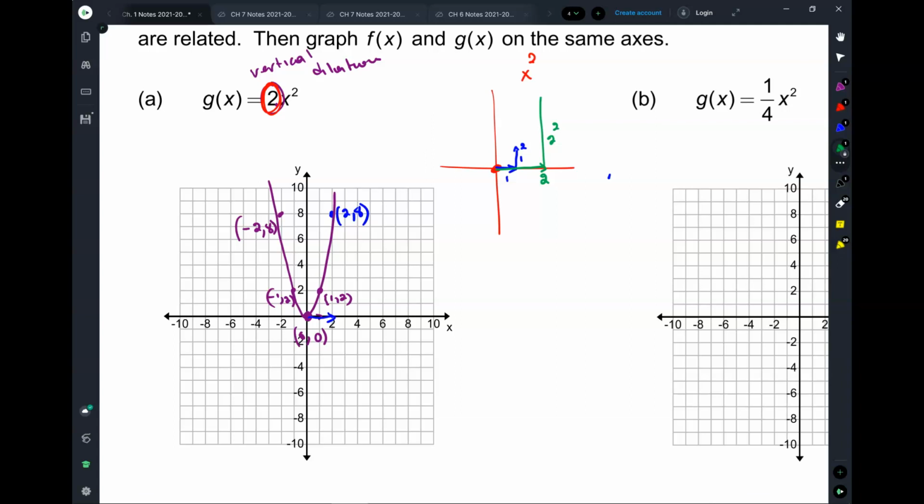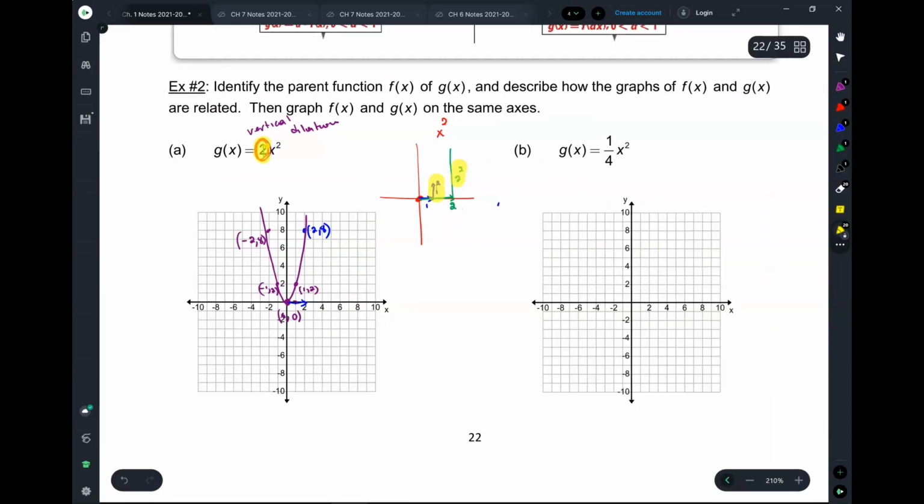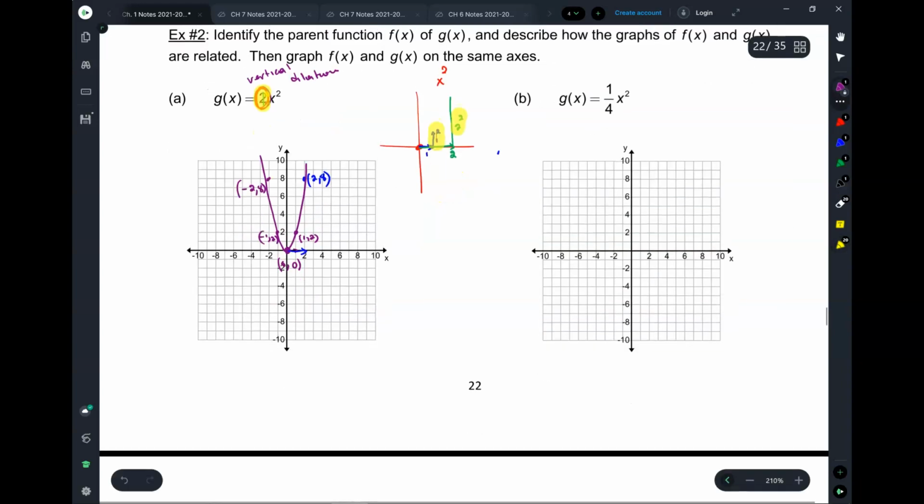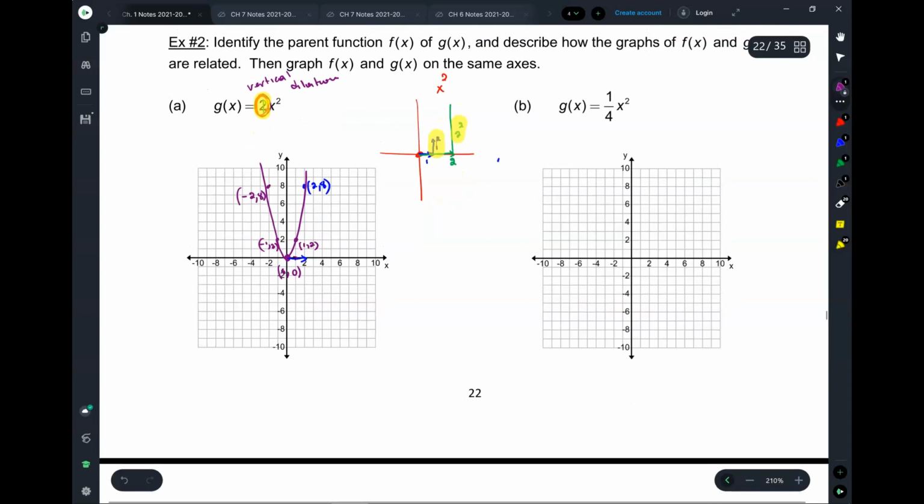Because this one has an additional 2 in front of it here, we're multiplying each of these by an additional 2. Now, for some people, this is very easy and quick to do. For others, it's not. If you're not feeling this, another way you can do is just pick points. So what you have to do first is this.